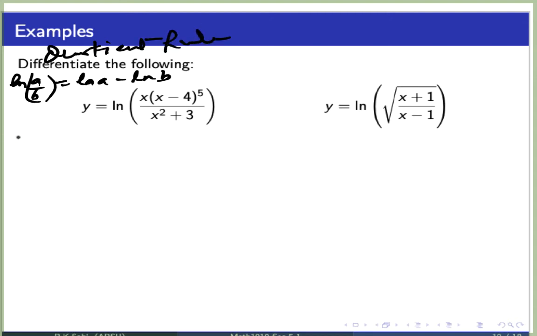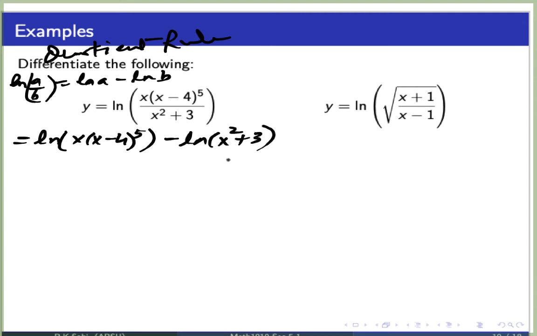So this is going to be natural log of x times x minus 4 to the power 5 minus natural log of x squared plus 3. Now remember, we can't do anything in the last natural log expression because it's the sum. But look at the first one. It's a product. Definitely we can apply it here.